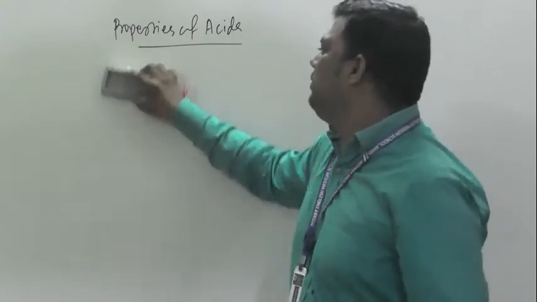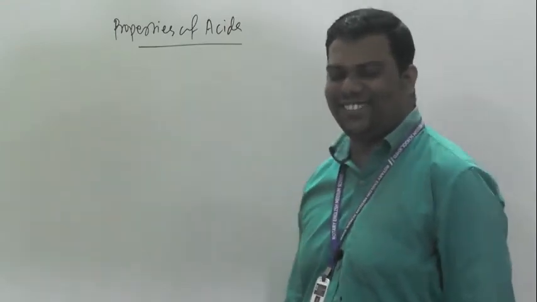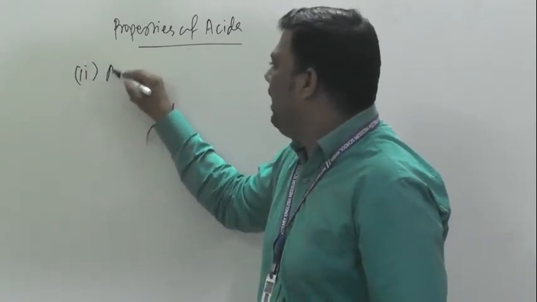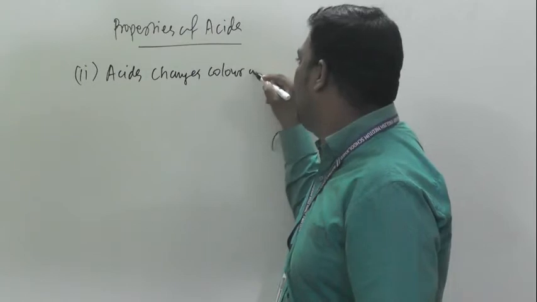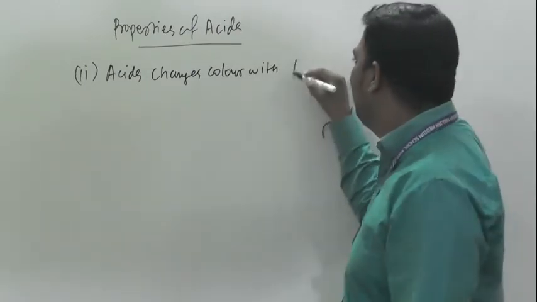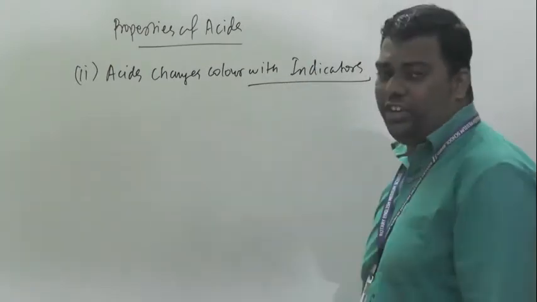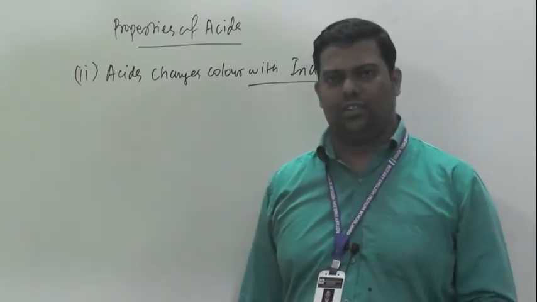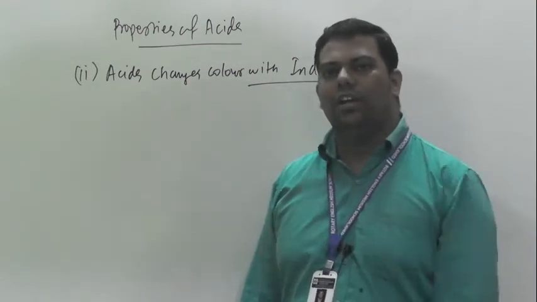Now we will discuss the next property: acids change color with indicators. Indicators indicate which color acids give.